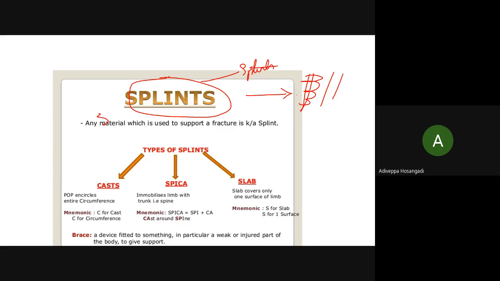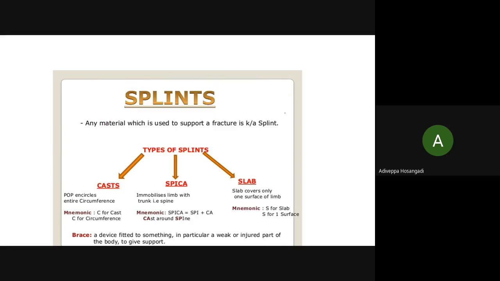You can use anything hard to immobilize the fracture. These can be used as a temporary splint, helpful for transportation of the patient. You have to transport the patient to the nearest medical facility.